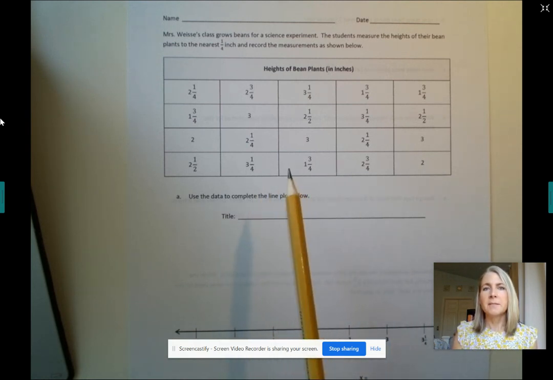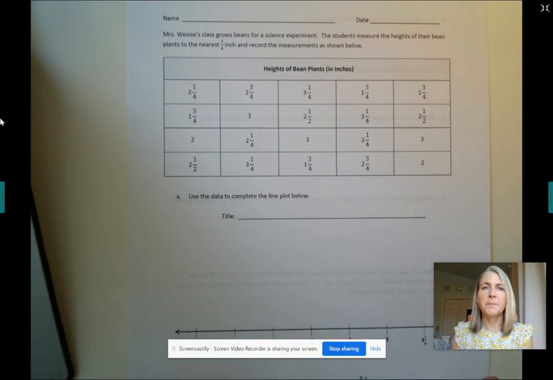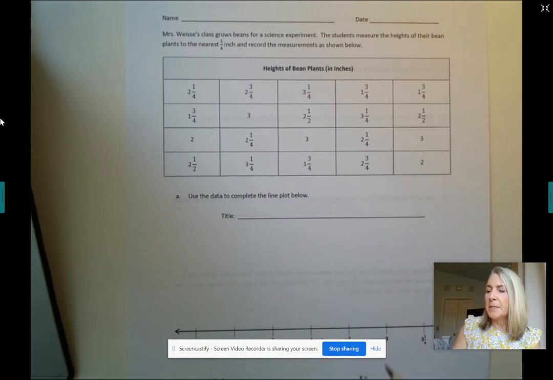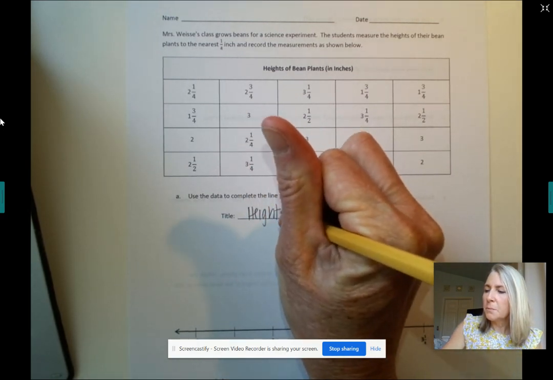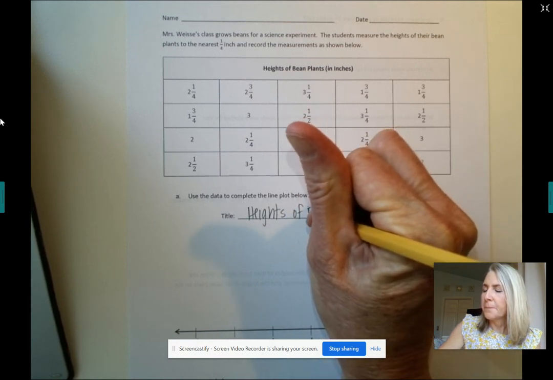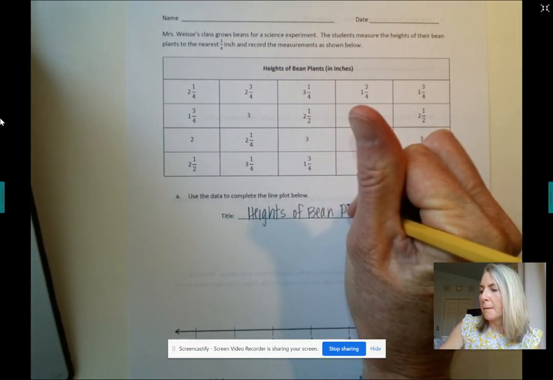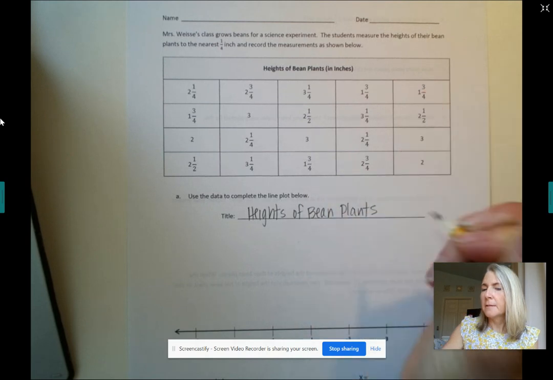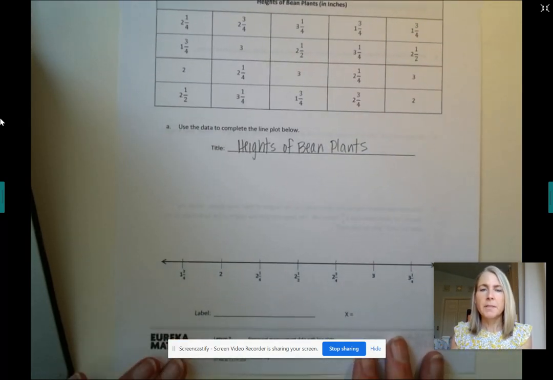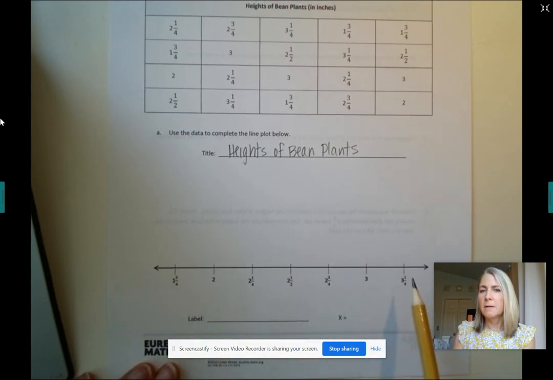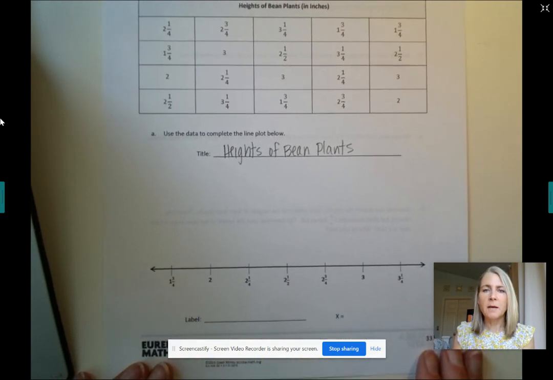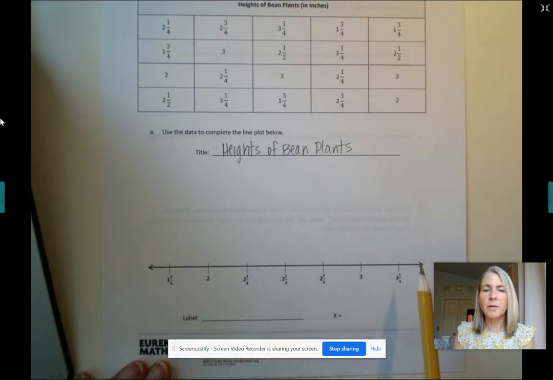So this title would be Heights of Bean Plants, because that is what we are going to plot. And here we're going to take a look, and if we look at our number line, they've already created the intervals for us, and we have x, and we need to say what x equals.